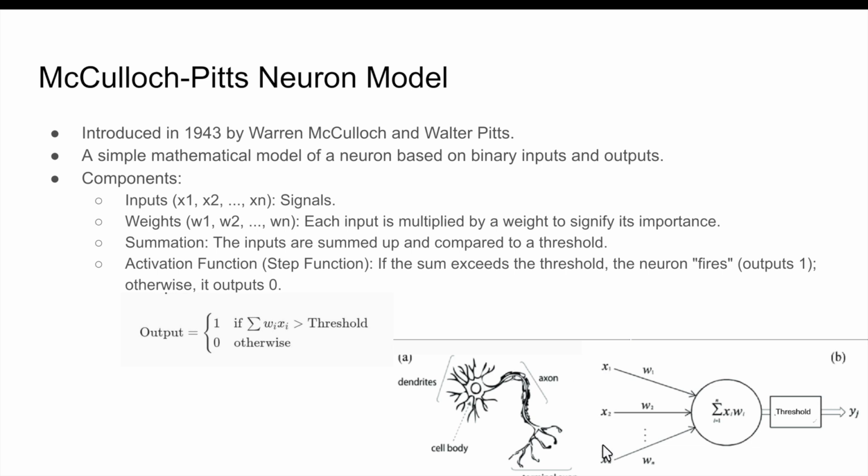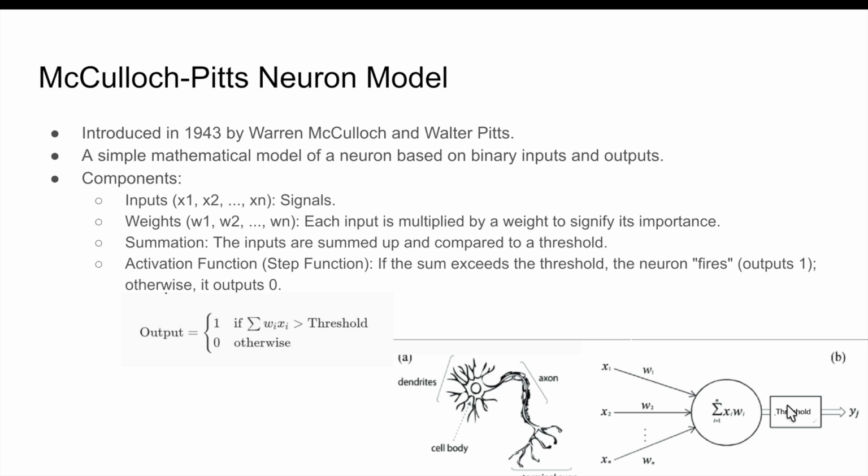So x1, x2, x3, consider these as inputs. Each input is associated with a weight to signify its importance. Then a sum of products, SOP, is calculated, and it is passed through a threshold. That threshold is set by us.